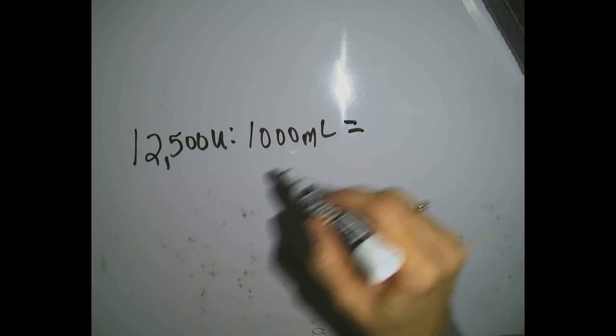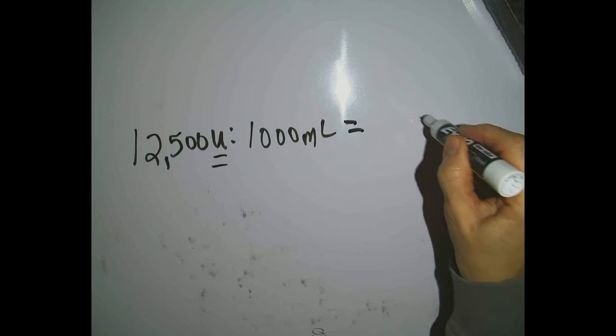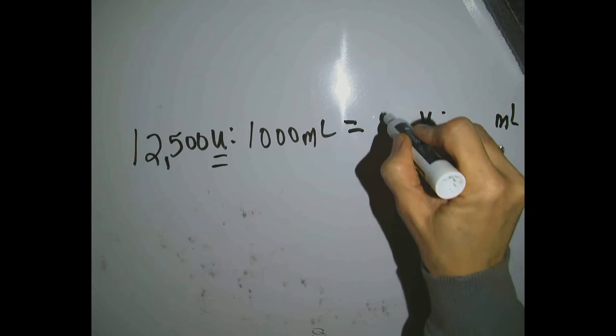So the next step is to ask ourselves, what do we need? And what we need in this problem is we need to infuse 500 units over 1 hour's time. But the volume that we need to infuse is unknown. So keeping again with, we're going to have on this side units to milliliters. We can't have anything else. We know that we need to infuse 500 units, but we don't know what volume that's going to be.